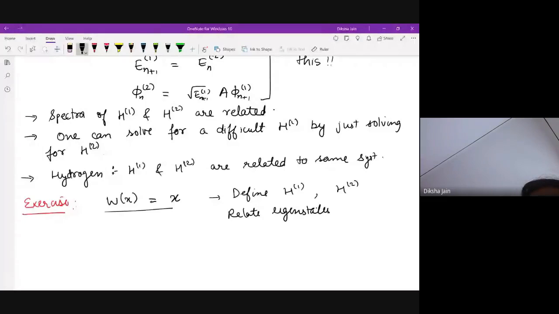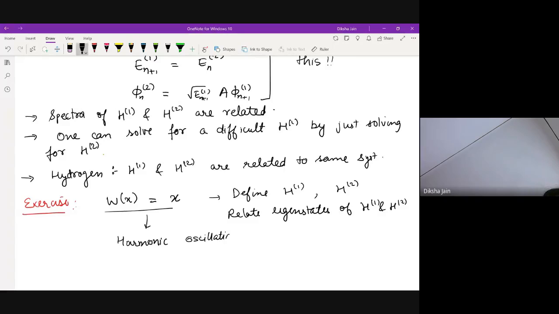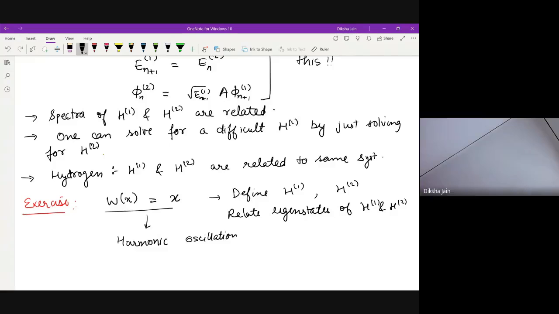You will see that if you take this W of x, you will get the harmonic oscillator. So both H1 and H2 are harmonic oscillators, but one has shifted energy, a +1 and the other -1. From that you will conclude that the (n+1)th energy level of the harmonic oscillator is related to the nth energy level of the same harmonic oscillator, something like that. So this will be a good example to do.